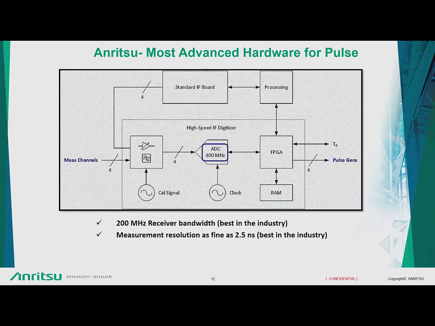Now the reason why this becomes very important is that, as I told you, you need to characterize very narrow pulses, and when you analyze these pulses, you want to dig really deep into them, because they are very narrow and people are improving the power content day by day.